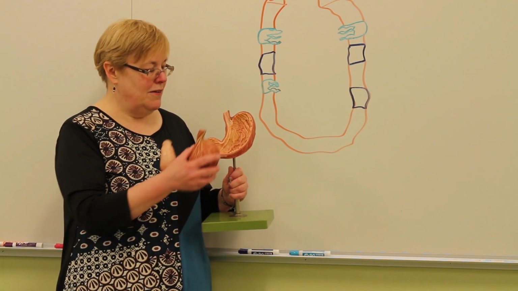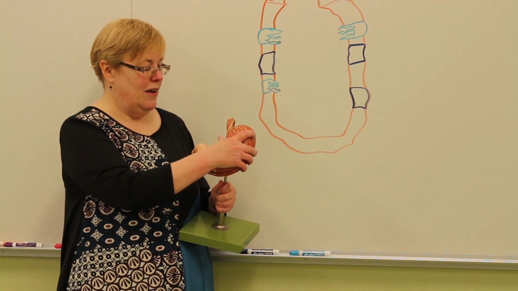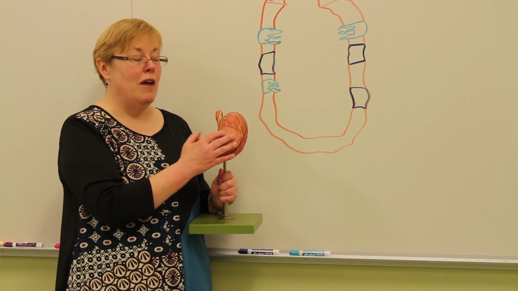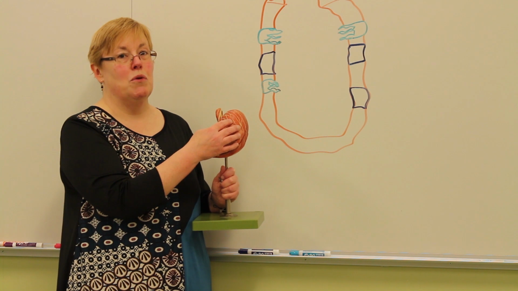Another feature that's different in this organ compared to other alimentary organs is that instead of 2 layers of smooth muscle, we actually have 3 layers of smooth muscle in the wall of this organ.